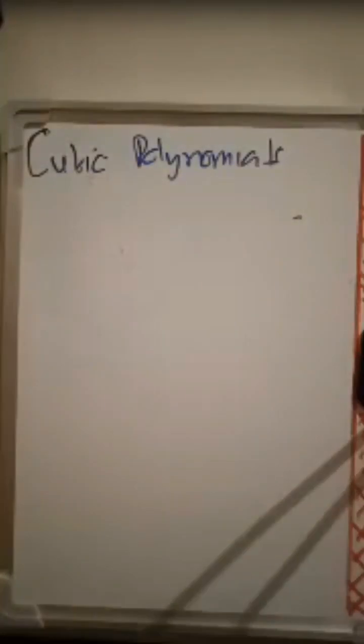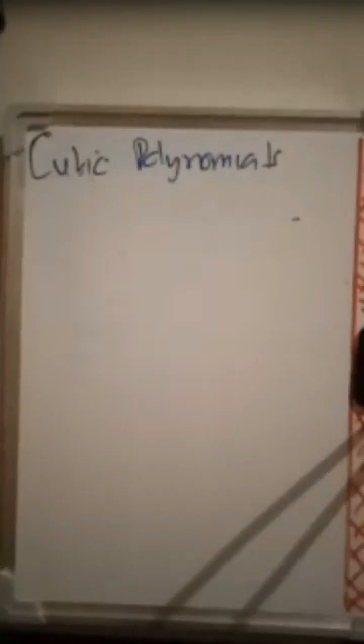Right, so we know that cubic functions are from cubic polynomials. So the first thing that we are going to look at is cubic polynomials. We know from our knowledge of polynomials, a polynomial is an expression that has two or more terms.